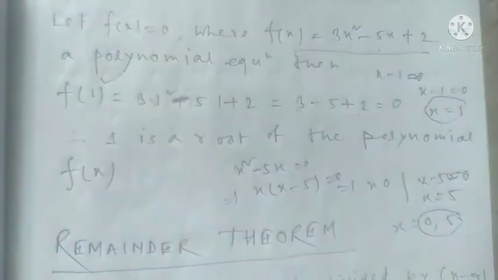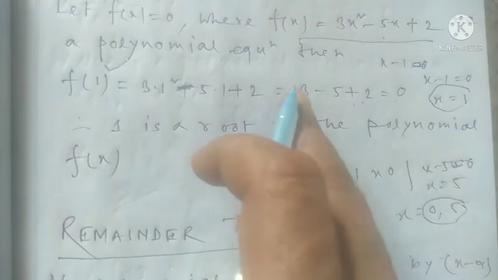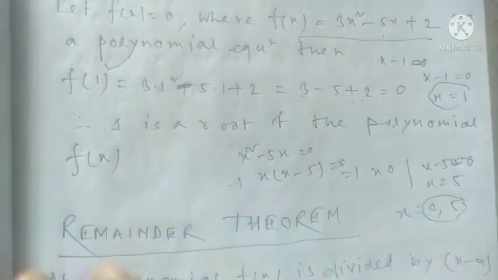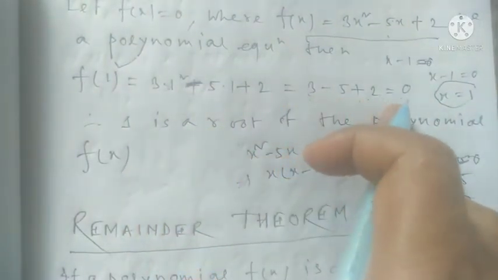Okay, and this formula is very important to find the remainder. This is the remainder theorem. In this process you have to calculate the remainder when you solve the exercise.